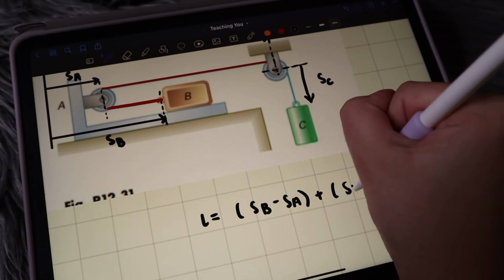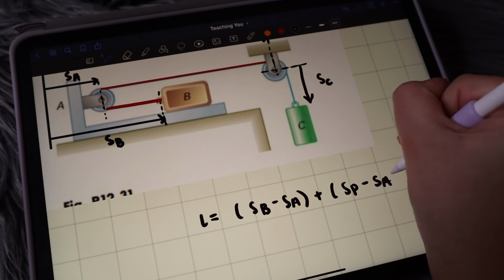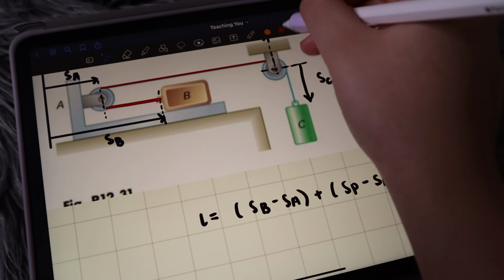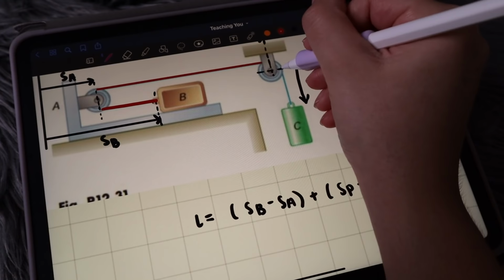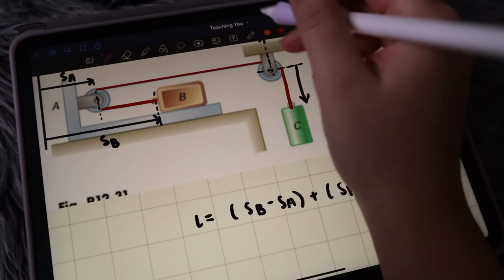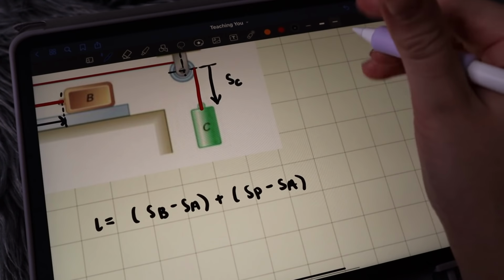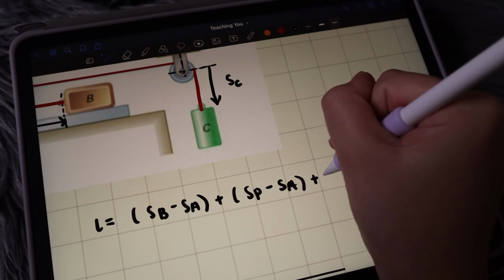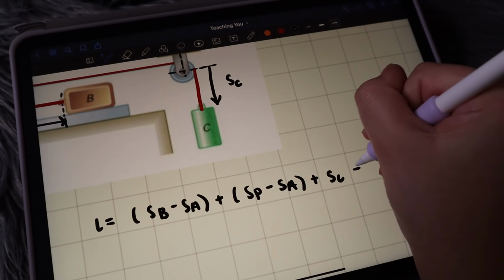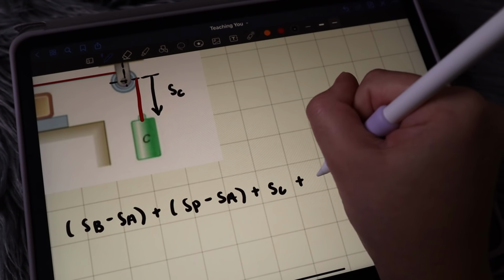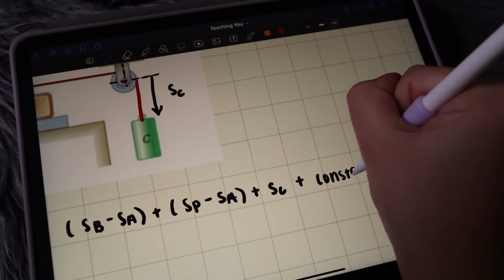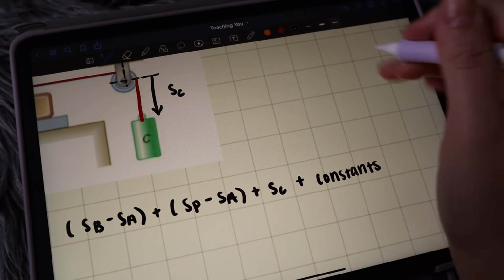So we're going to add SP minus SA. And then the last piece of the cable is right there, which is just SC. So we're going to add SC. And then, like I said, we do have those constants, so we can write plus the constants.